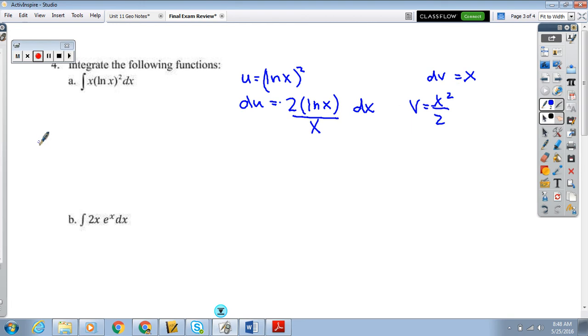And probably what you're noticing as you're working on this, u times v would be ln of x squared times x squared over 2. When you look at that second integral, it looks gross.